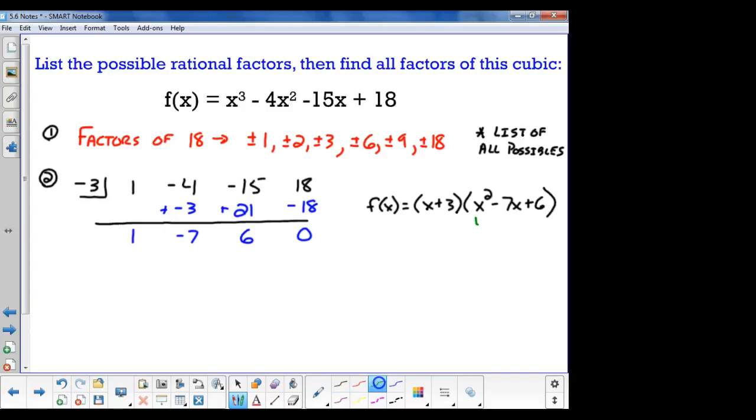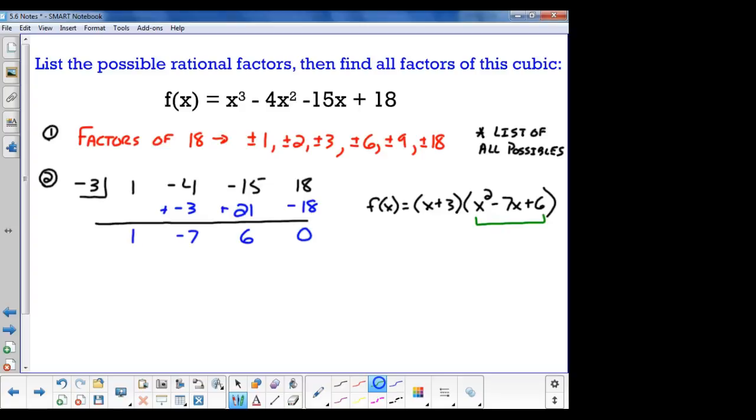If we go back to our original one that we made up at the beginning of class, after I find one zero, it still might be a cubic that's not factorable by grouping or by all the other methods that we have. So we might have to continue on with synthetic division to find 2 zeros to help us out.